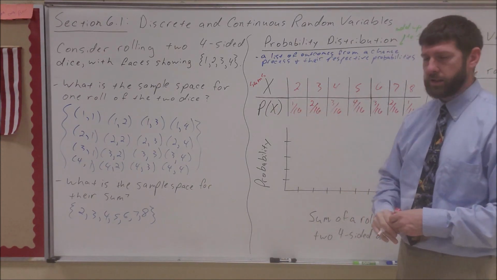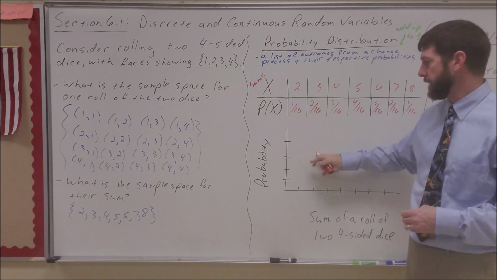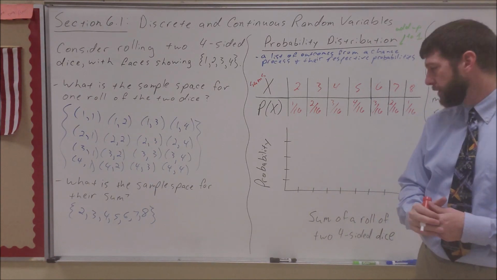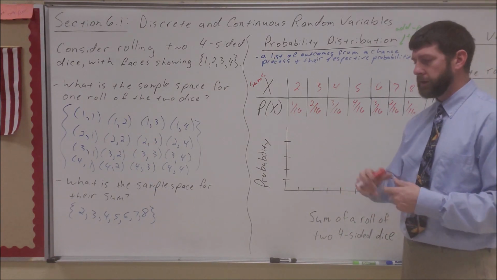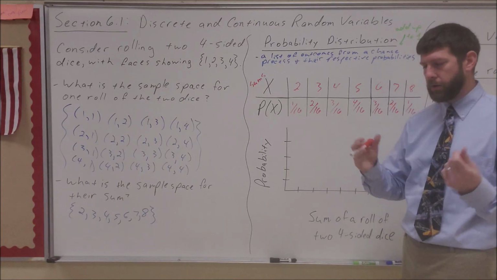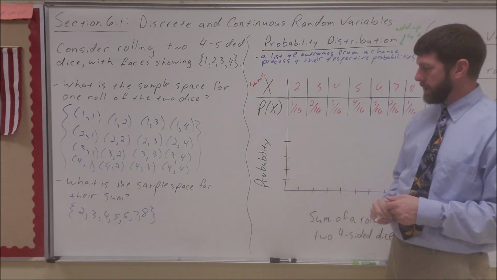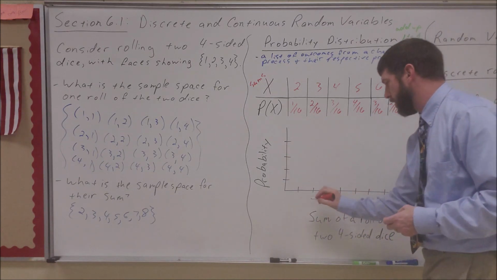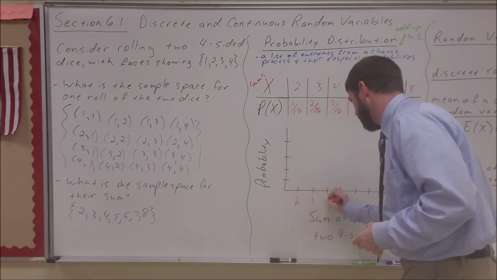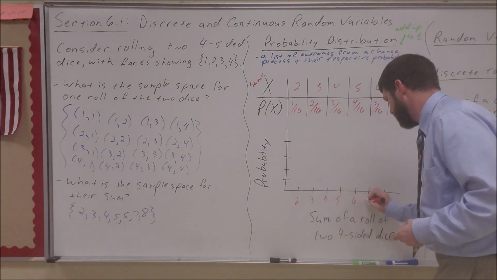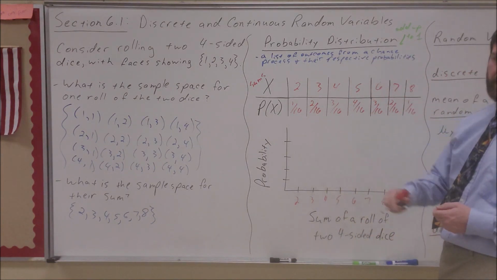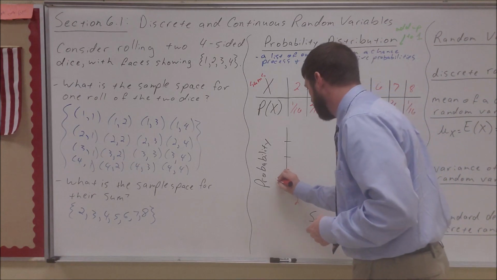Well, just like any other quantitative distribution, we can draw that as a histogram. Or we could do a dot plot or box plot, whatever, but histogram, we typically like to look at these things. So the x-axis are the sums, 2, 3, 4, 5, 6, 7, and 8. The y-axis are the probabilities.